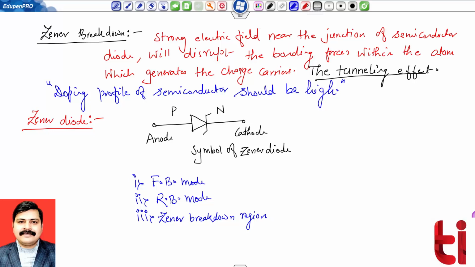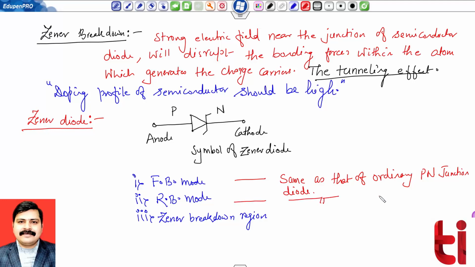And the working of Zener diode in forward bias is the same as that of an ordinary PN junction diode. Also in reverse bias mode, its functionality is the same, works as an ordinary PN junction diode.